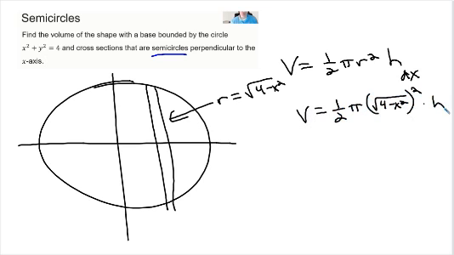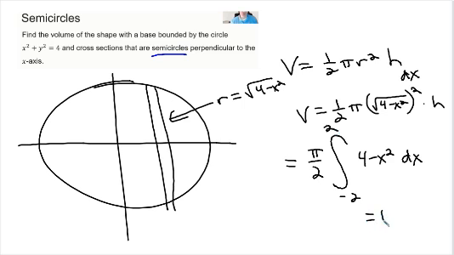So my actual integral would just be pi halves times the integral of, since I square a square root, it goes away, 4 minus x squared dx, and we're just from -2 to 2, and we would get 16.755. And we will stop there for today on topic 8.8.